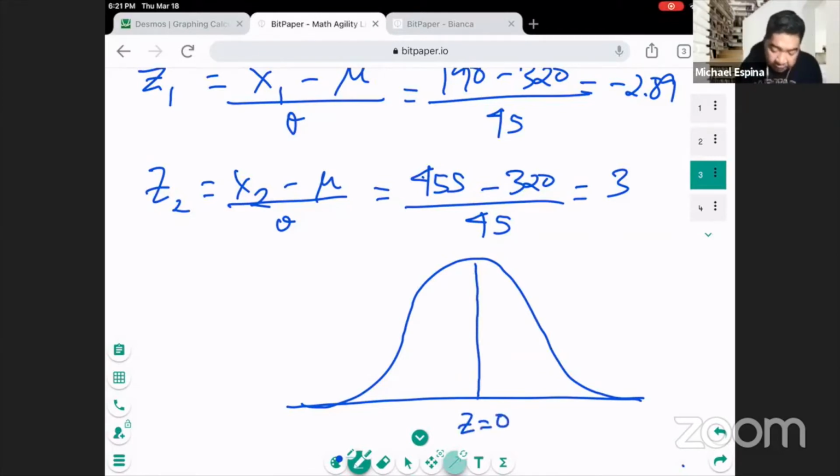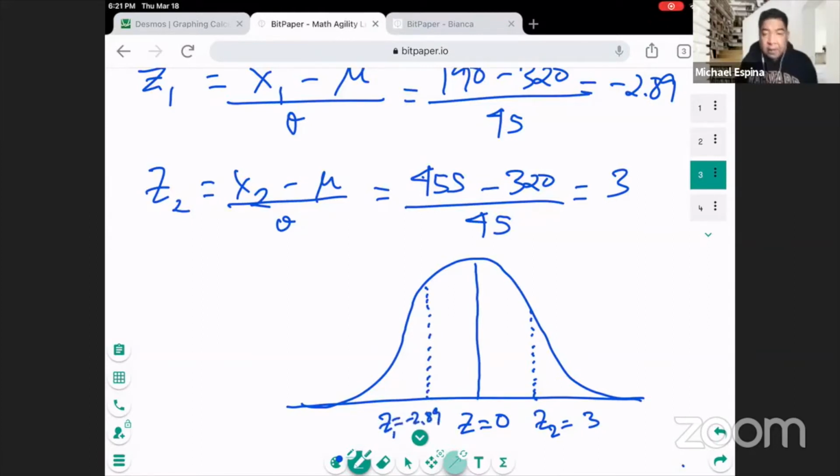So our Z sub 2 is a 3, let's say it's around here. And then our Z sub 1 is a negative 2.89, so let's say it's around here.